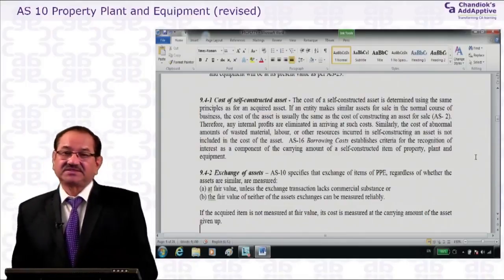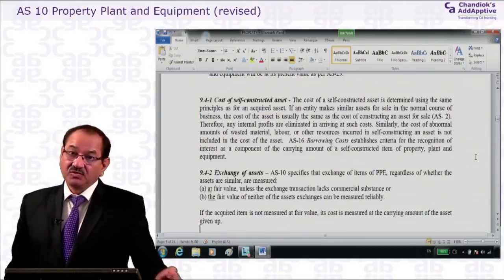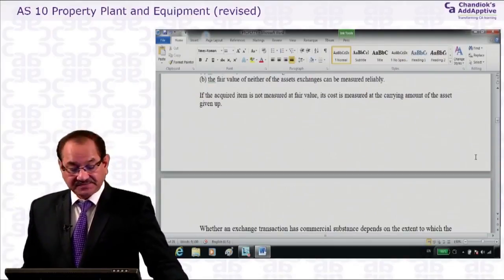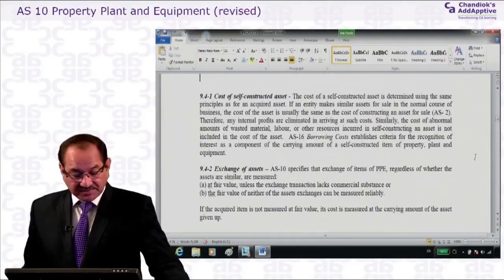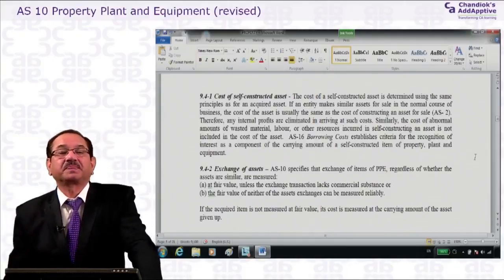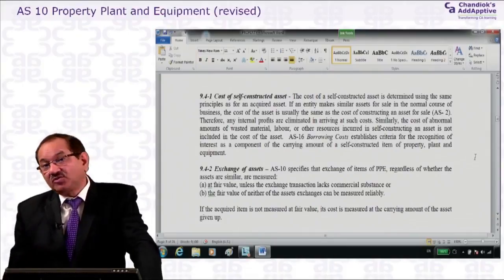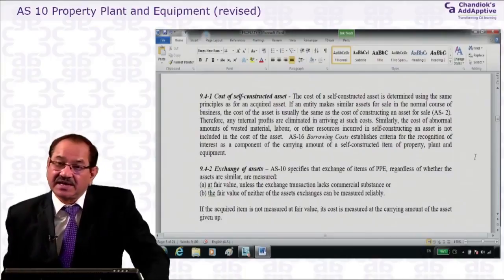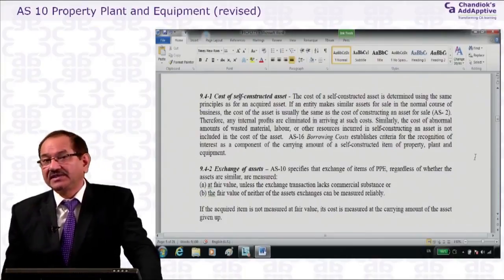Now the exchange of assets. Here you will find a difference. In the exchange of assets, the earlier principle you need not apply. Now you can forget about it. As I told you, this standard is exactly the same as IFRS or Ind AS 16.